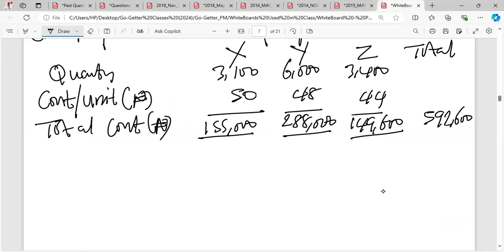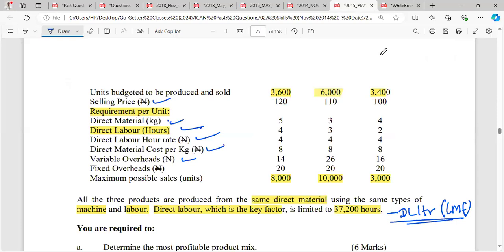So I'll come here, fixed cost. It's 20 naira per unit times 8,000, 10,000, 3,000.